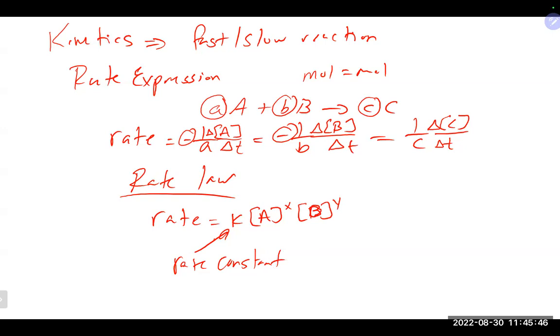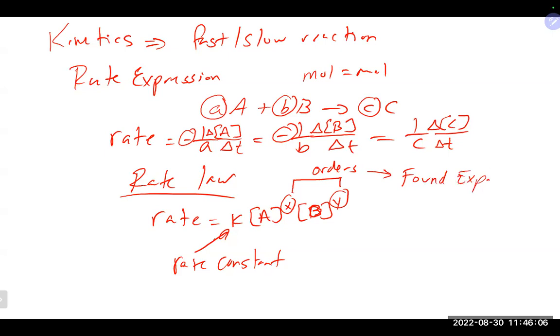If it's a smaller value, then it'll be a slower rate for that reaction. The X and Y in this case are, as we talked about last time, what are referred to as orders. And they're actually found experimentally, which is what we're going to talk about next, how to actually find them.